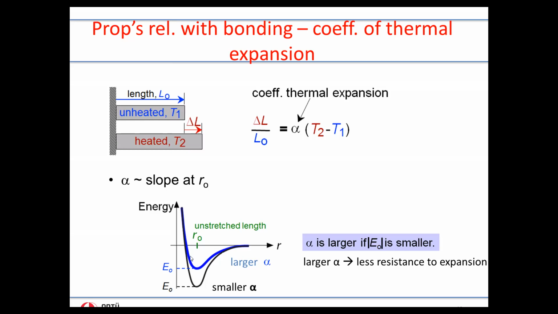Hence, again, because the symmetry of the blue around the part of the curve that corresponds to R naught is less than the symmetry here, it has a larger alpha, again meaning less resistance to expansion.